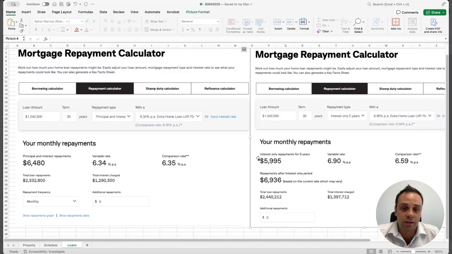So the difference would be $500 a month. This would be the amount of capital you'd be paying off each year. So at the end of it, it doesn't sound like much, but it's an extra $500. There is a big difference in terms of the total loan repayments you can see here, obviously because you've got a high interest rate and you're not actually paying off the debt.